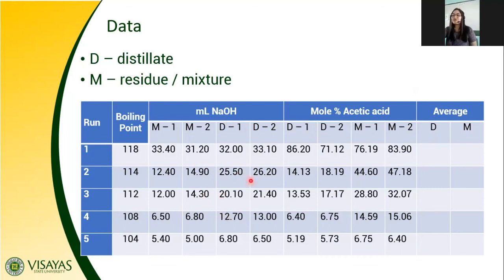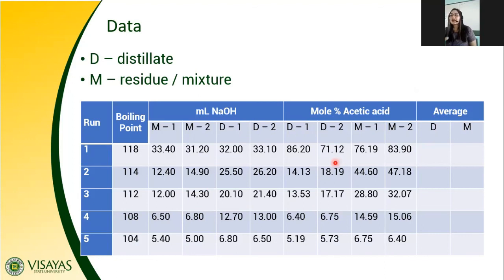So, the volume of the NaOH is titration data. We have tackled this many times, how to get the concentration of the acid using the titration data. It is the same equation that is used for this experiment. You will get the concentration of the acetic acid, and then you can compute its mole percent.